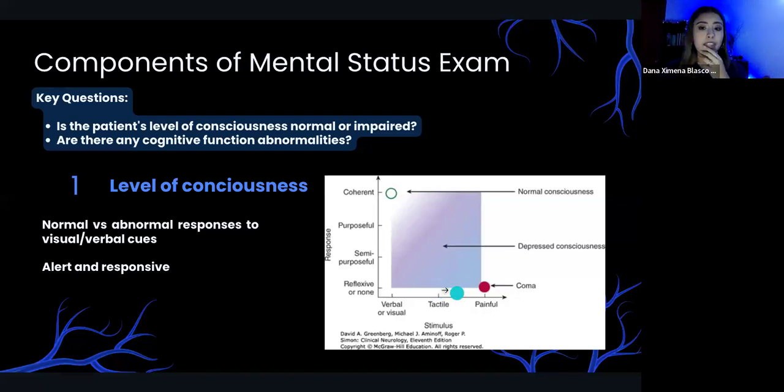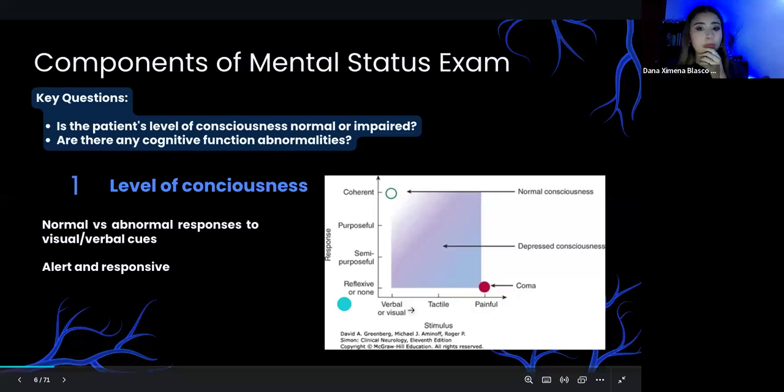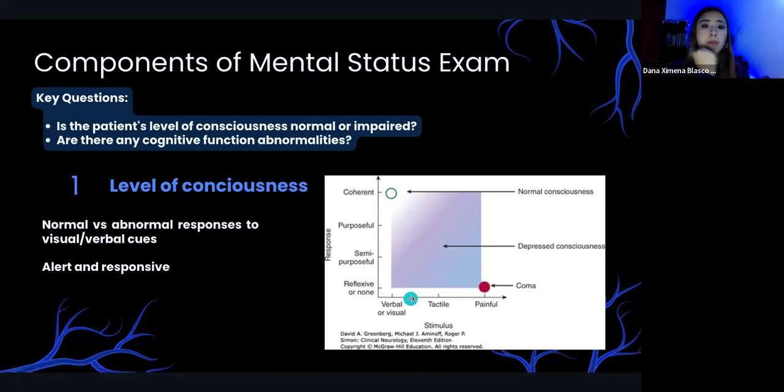Then at a painful stimulus, the patient could be reflexive. Maybe you do a painful stimulus, for example here in the thorax, or maybe just press the patient, but it has to be a painful stimulus, and sometimes the response is reflexive.